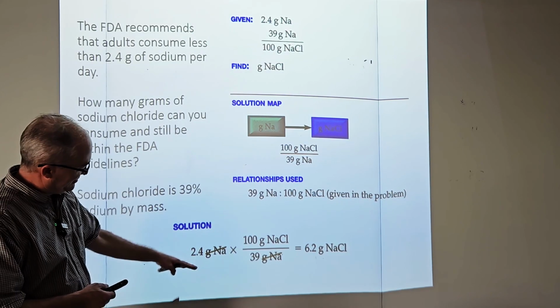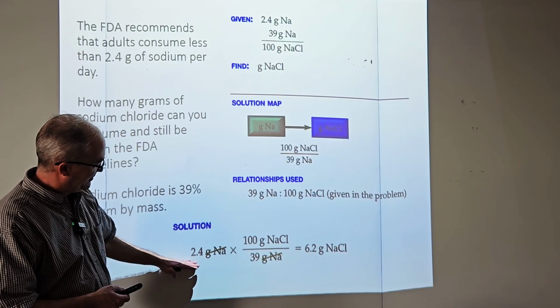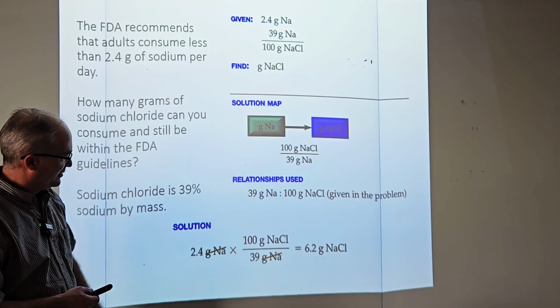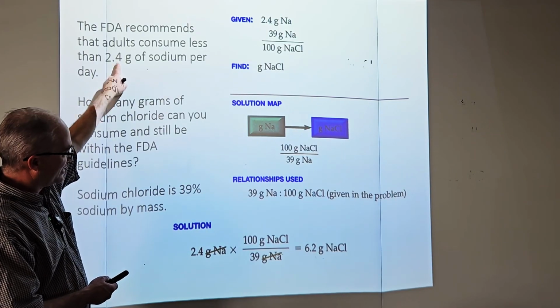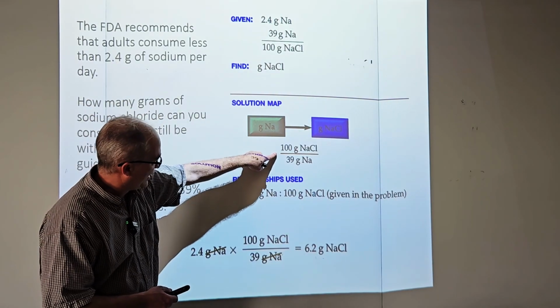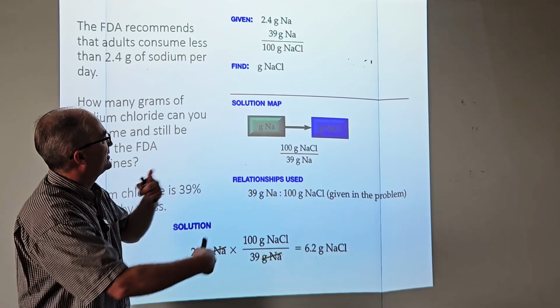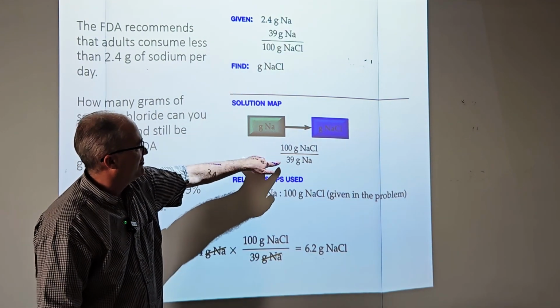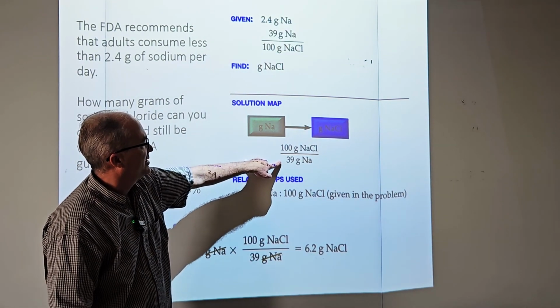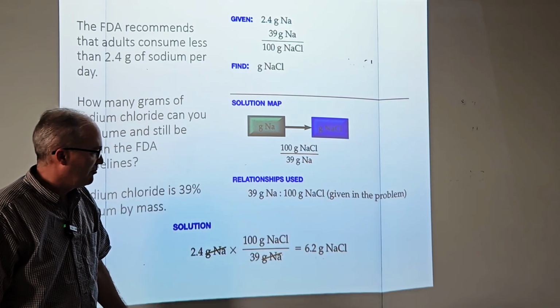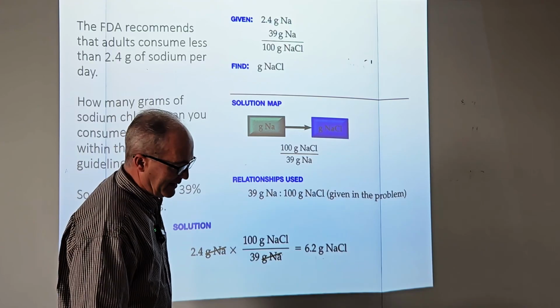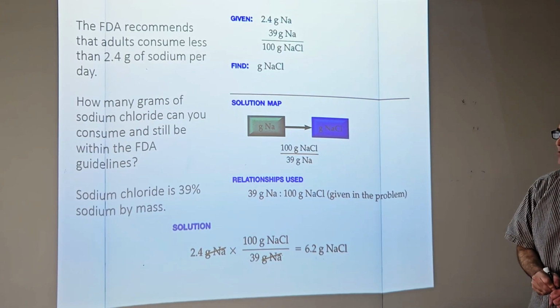Like everything, I tell you, write down a given and its units. Looking through here, here's the most logical place to start, a unit factor. Notice we probably had it the other way around up at the beginning when we got to the 39%. So we set it up so grams of sodium go away, and we're left with 6.2.